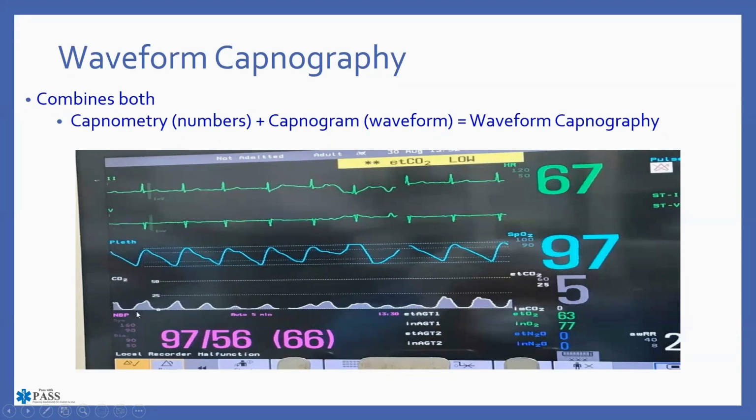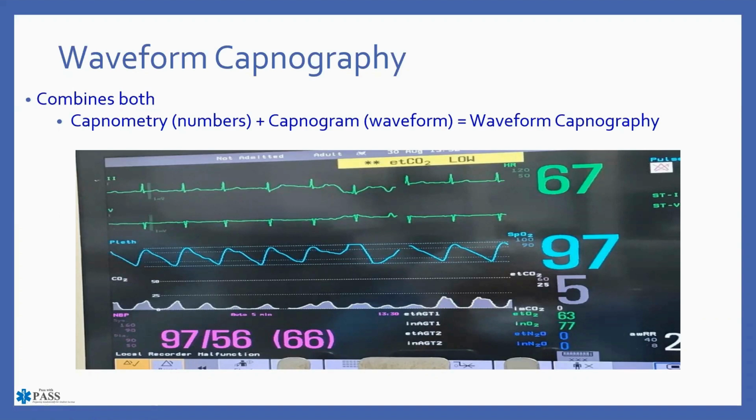And this could be directly related to perfusion. So if you look at their blood pressure, and this individual has a systolic pressure of 97, a diastolic of 56, that ends up giving you this equated mean arterial pressure, or MAP, which is 66. And if you remember before, I said anything less than about 65, we really start to worry.